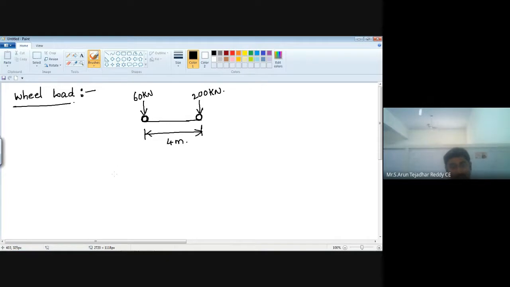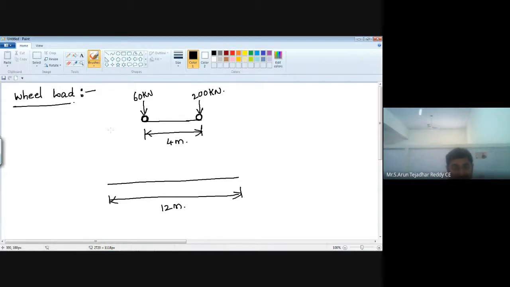So what is the total span here? That is 12 meter. In this 12 meter, once again remember case number 2, that is to locate the position. Where should I locate this 60 kilonewton, this 200 kilonewton?